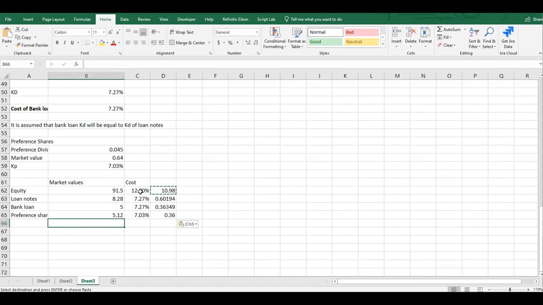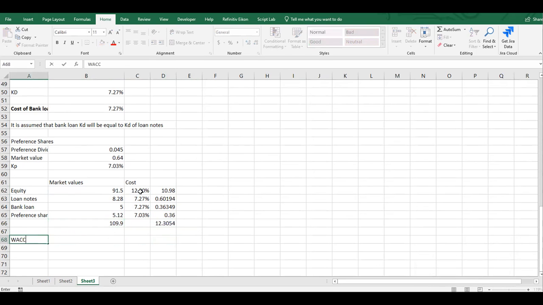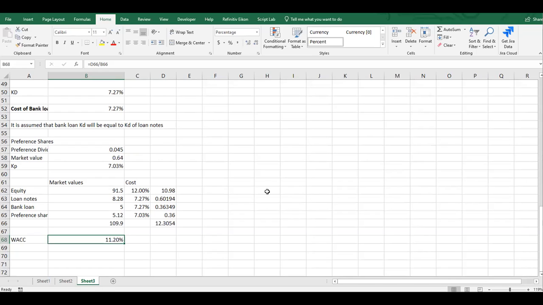Okay, take the sum of all these. So WACC is equal to 11.2%. That's how you will calculate.